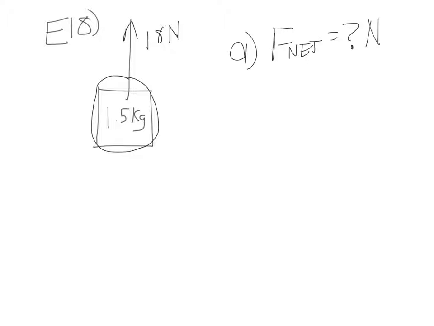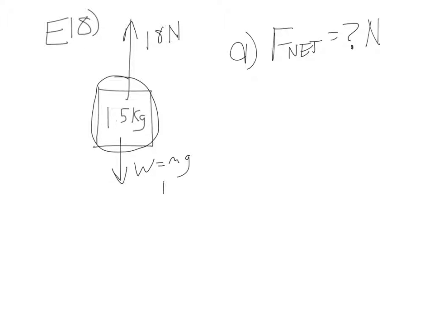Well, let's look back at this picture. The ball is feeling a force up from the string, but it's also feeling a force down from gravity. That's equivalent to its weight. Remember, weight is the force that gravity pulls with. So weight is equal to m times g, and it's one of two things depending on which g you use.